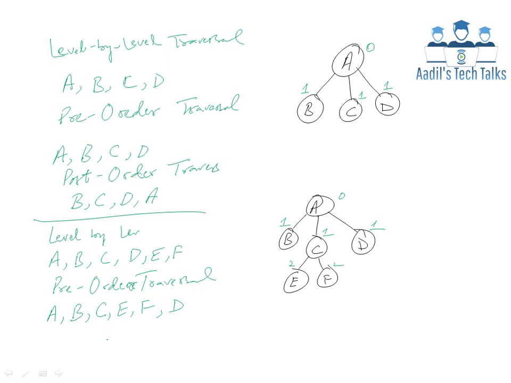Okay guys, the last traversal technique is called post order traversal where the parent node comes after the children nodes. Now first of all A, but A is the parent node, so it cannot come before its children nodes.